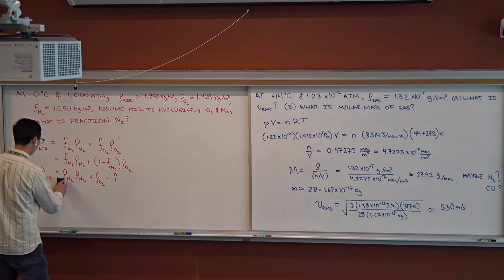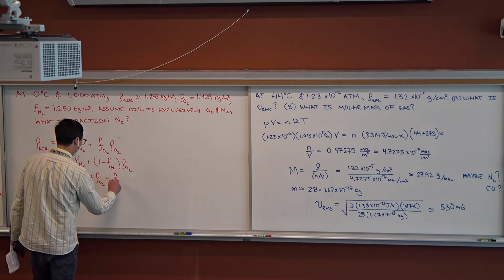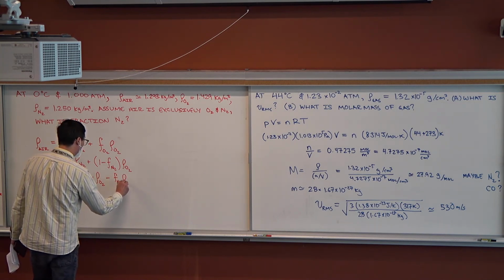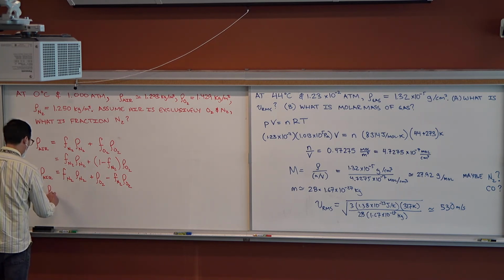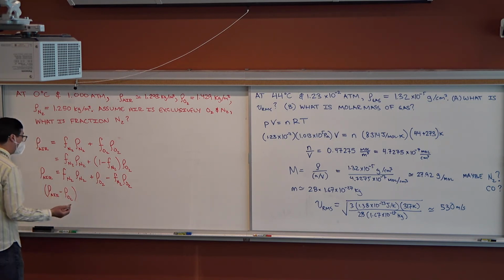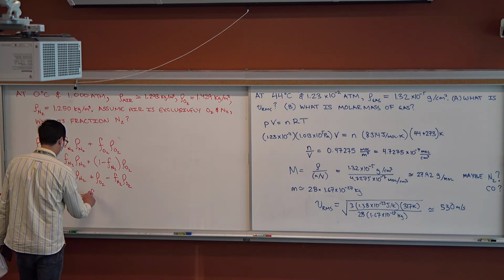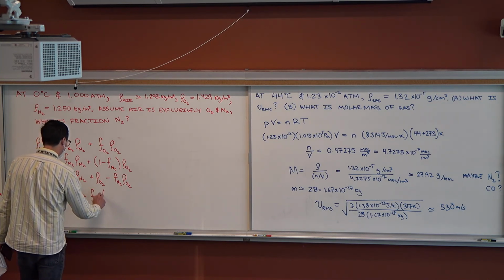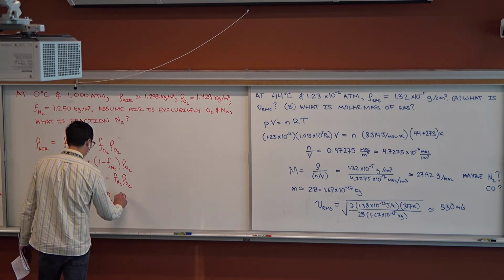Did I drop? I think I have that right. So we can say that rho air minus rho O2 is equal to Fn2 times rho N2 minus rho O2.